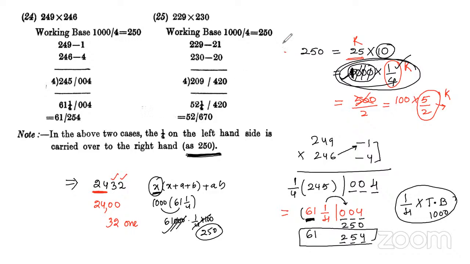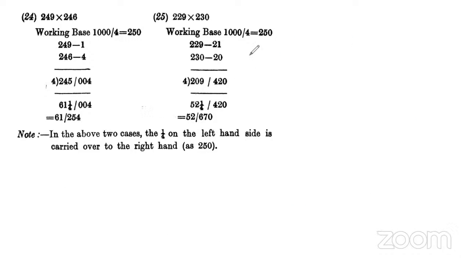Okay. Let me take another example here. Here 209 is divided by 4 and 240 is there. So if you divide this number, 52 1 by 4 you are getting and 420. This problem. Okay.